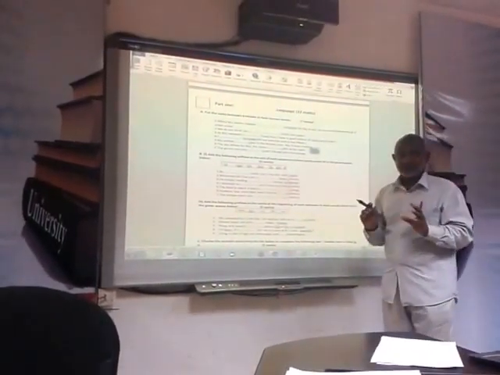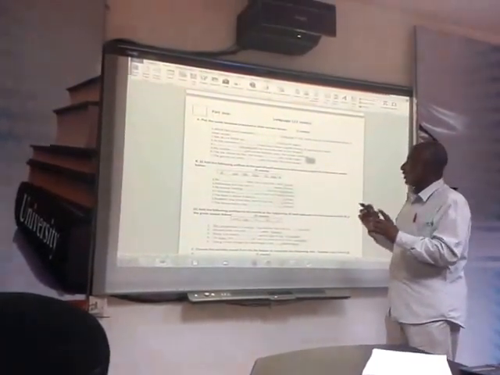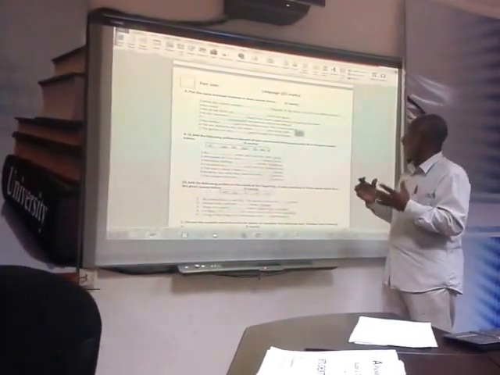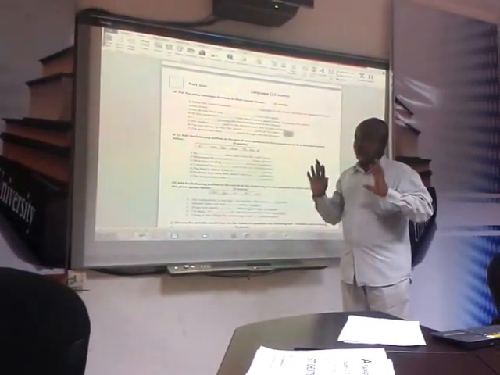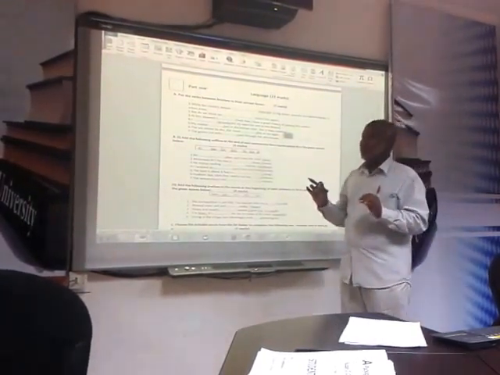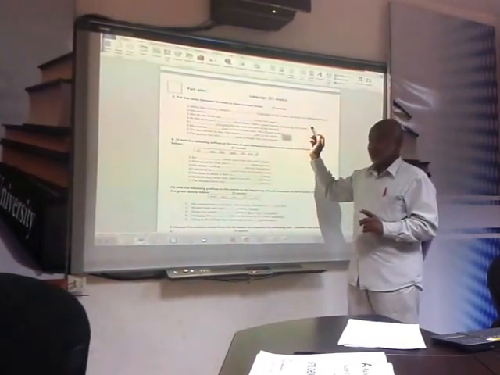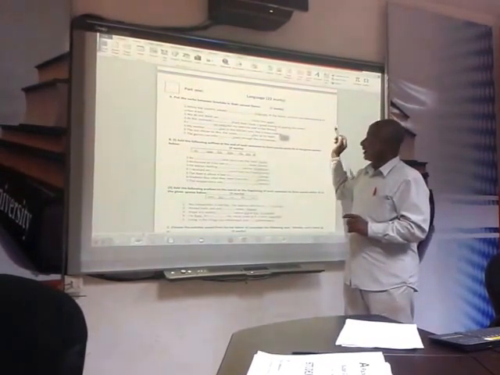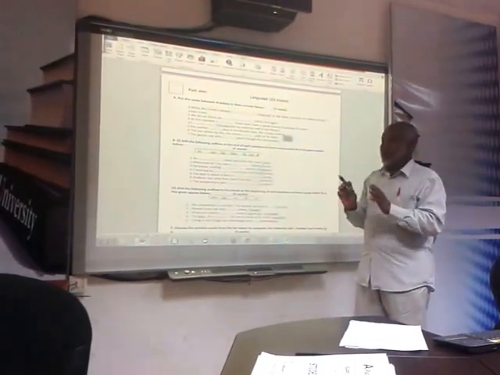Put the verbs between brackets in their correct forms. 7 marks. First one: while the country people dots migrate to big towns and cities, services are deteriorating in urban areas. Ready? The answer is as follows: while the country people are migrating to big towns and cities, services here are deteriorating in urban areas. Do you know this tense?